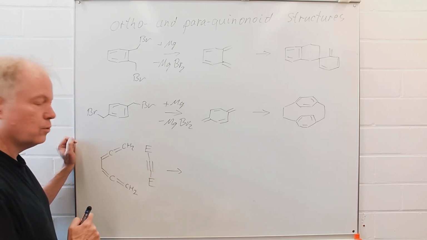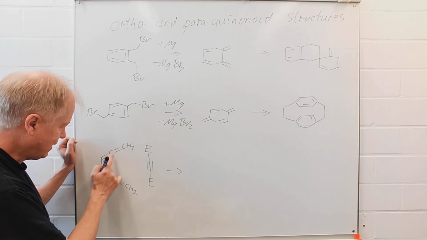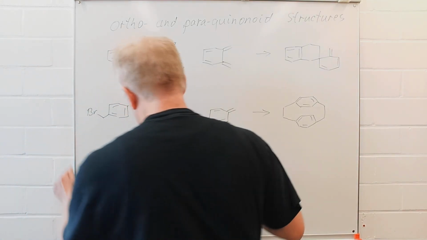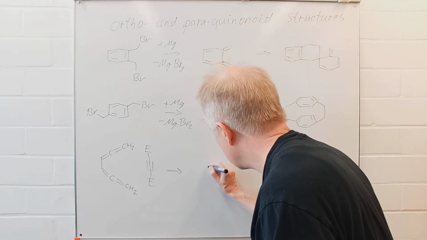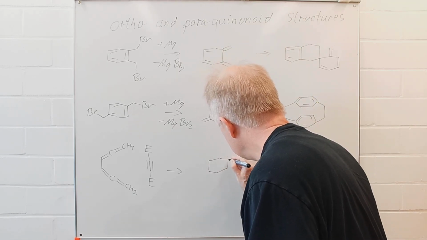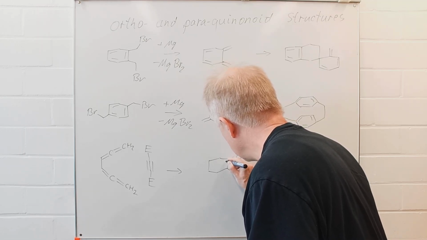This will undergo a Diels-Alder reaction with that part of the molecule, a diene, resulting in indeed a paraquinonoid compound.